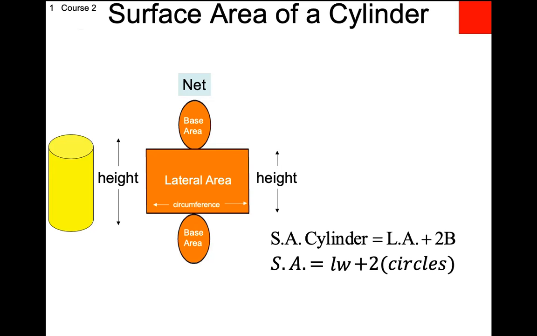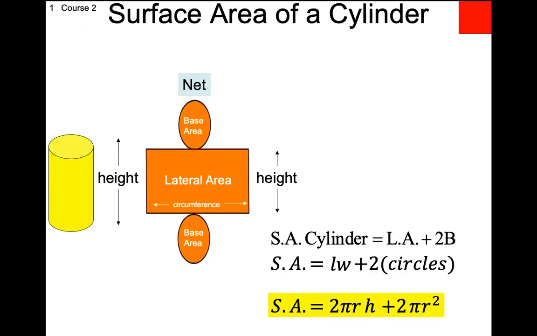We know that the length is circumference, so the length is 2 pi r or pi d, right? And then the height is the height, so tack on a height. This is the most useful one. So 2 pi r h, that's the rectangle, plus 2 areas, so 2 pi r squared.